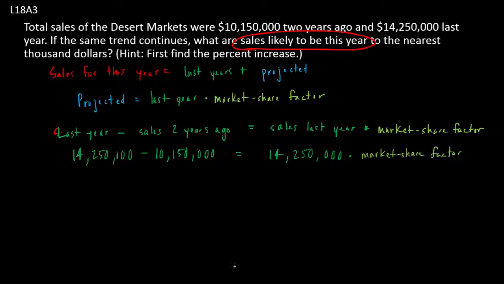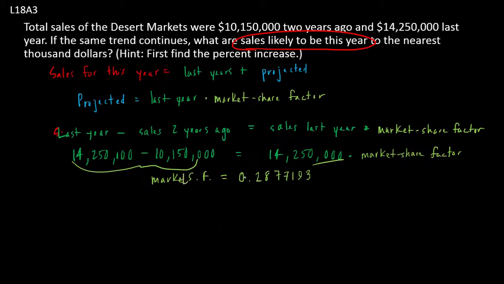I have everything else filled in now, so I can solve for market share factor. Just do your normal equating here. So you would start maybe by simplifying this. So 14 million minus the 10 million comes up to what? 4,100,000. And then you would divide by this 14,250,000 to solve for market share factor, which is equal to 0.2877193.